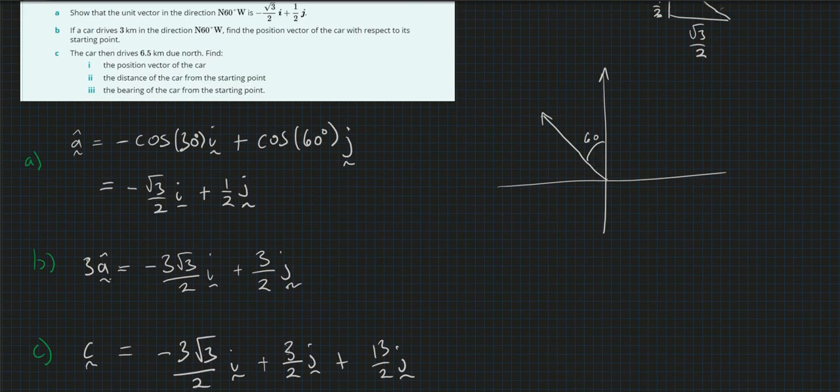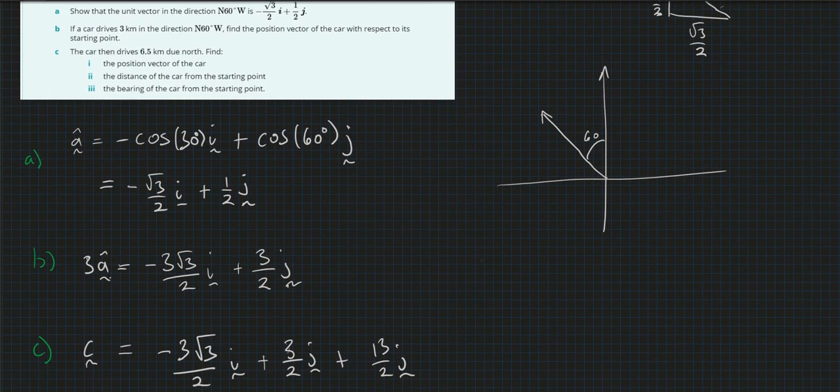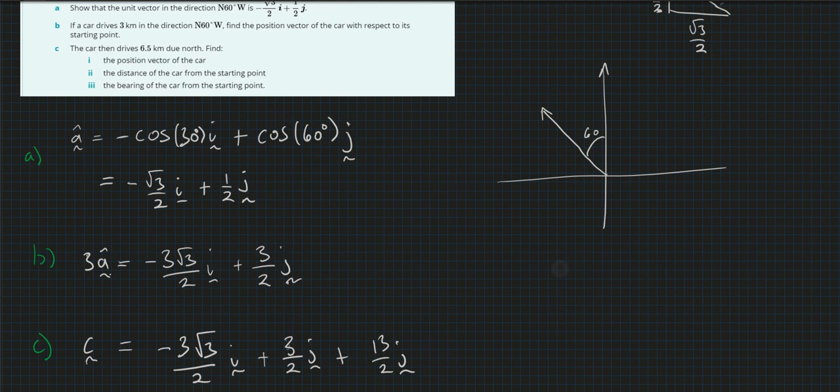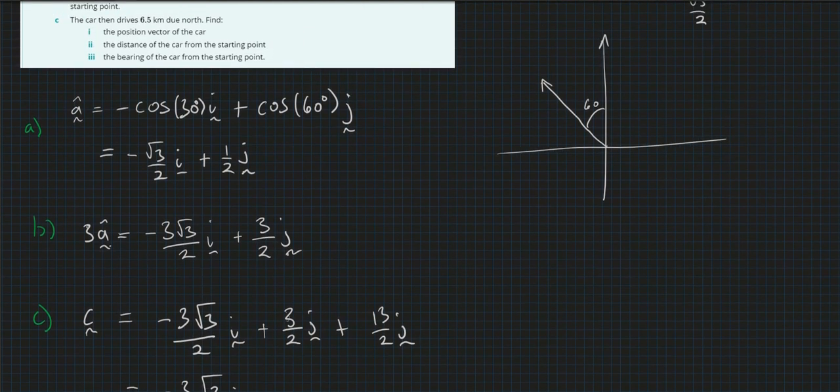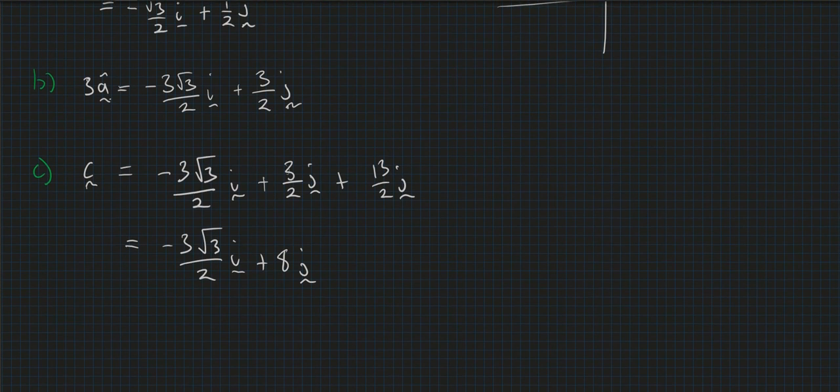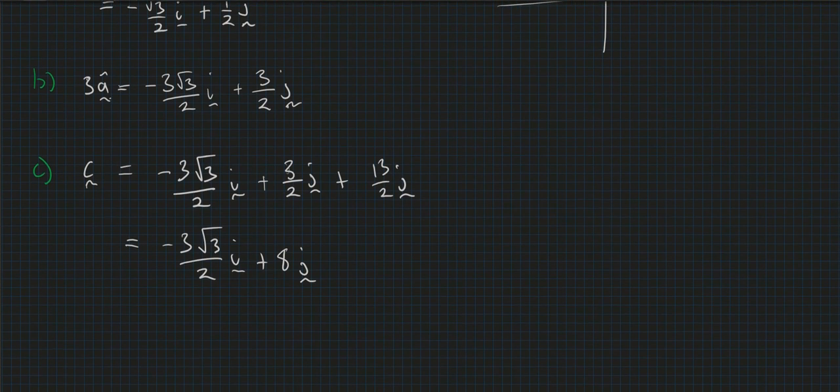Alright, now the next question was, what's the distance of the car from the starting point? So it started here and it's gone up. Okay, so we're at this point here.